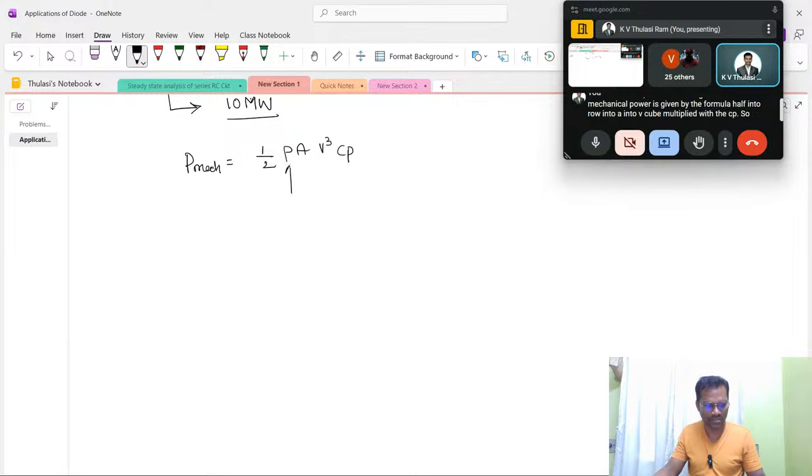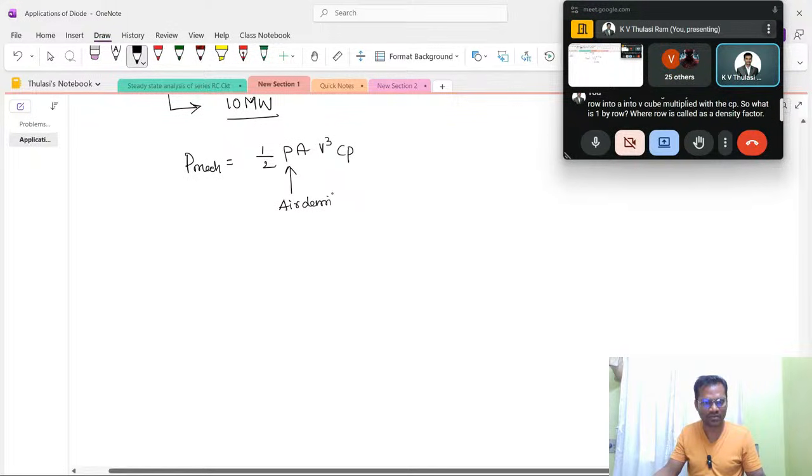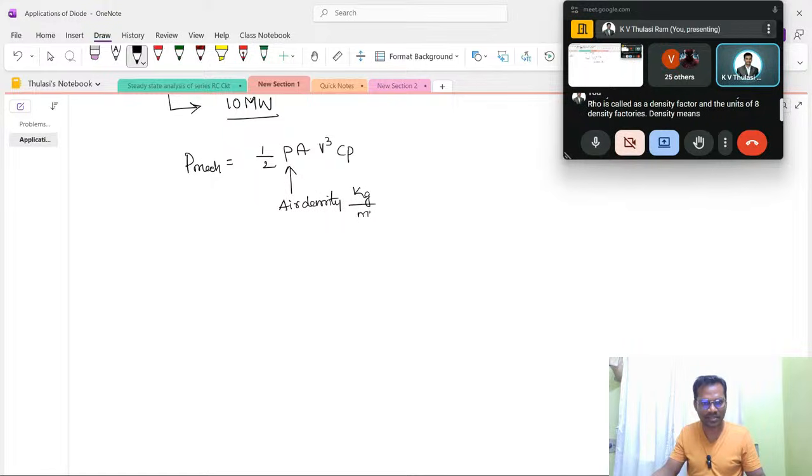What is meant by rho? Rho is called the air density factor, and its unit is kg per meter cube.